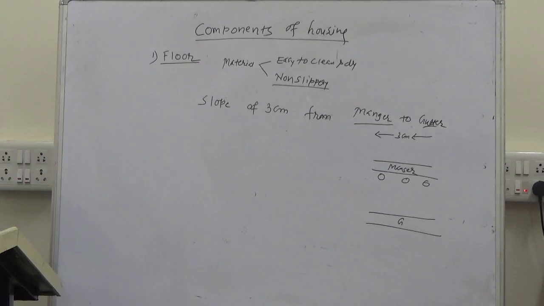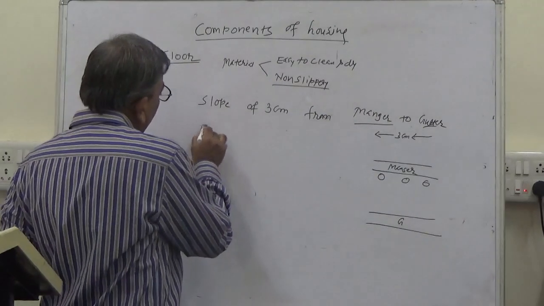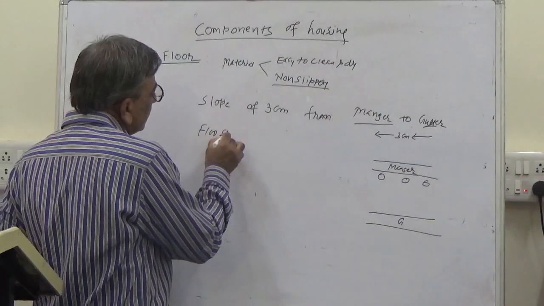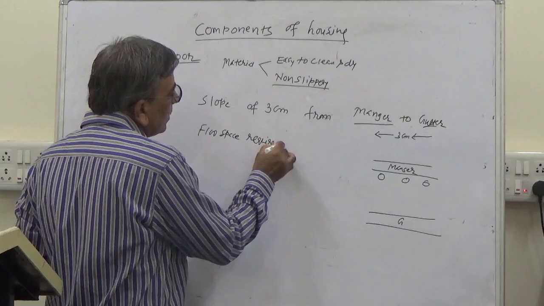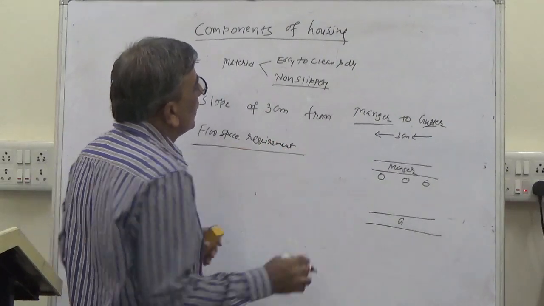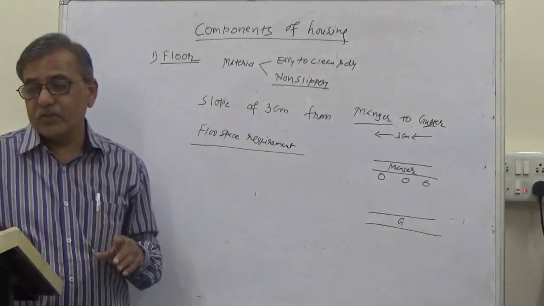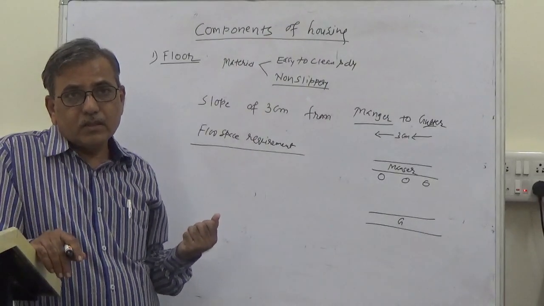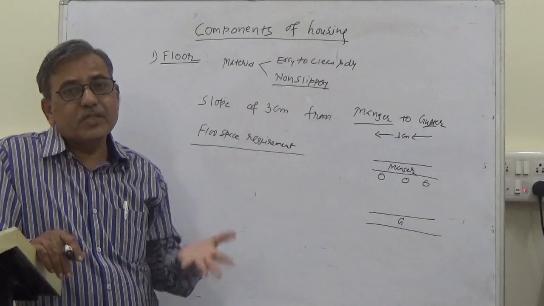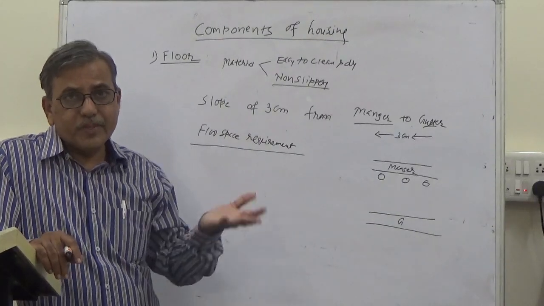Then the floor space requirement. As we have discussed while studying different systems of housing, in loose housing system the calculations are not there, specific calculation per animal, how much space is required.